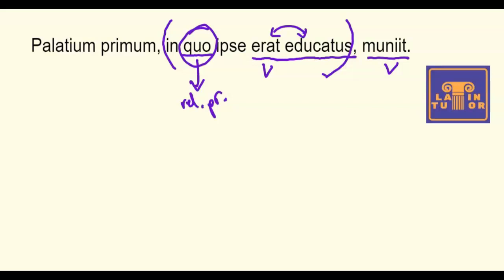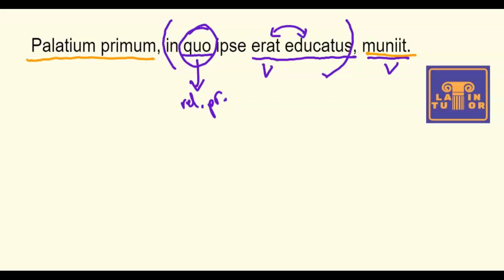For the moment, we can take it like that. So we have now been left with a much shorter clause, and I'm going to choose a different color to underline it. So now we have Palatium primum munit. Yeah, that's the main information that we're given.